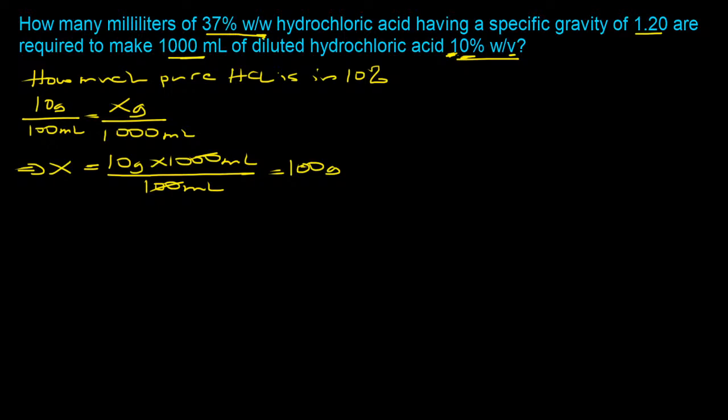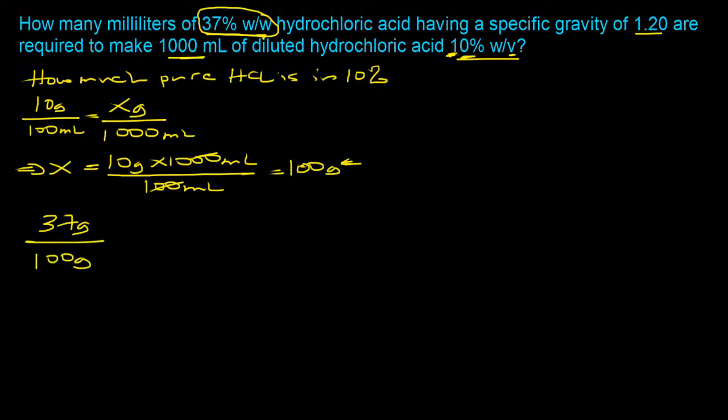Now, the next question that we need to ask is how much of the concentrated acid do we need to supply this 100 grams? That's the next question we need to answer. And the way we do that is we take that percentage, the 37, which implies that you have 37 grams of hydrochloric acid in every 100 grams.